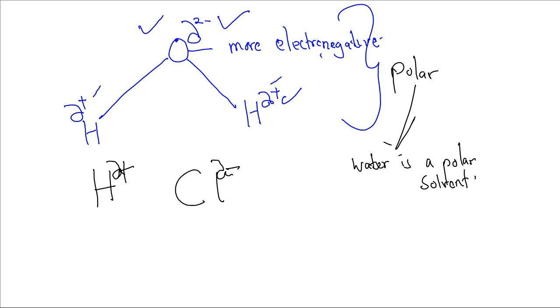Hydrogen chloride also has a negative end and a positive end. Now, when this hydrogen chloride is dissolved in water, different water molecules attract both ends of the hydrogen chloride molecule, causing it to dissociate. You can see that attack and that attack, and that makes it dissociate.